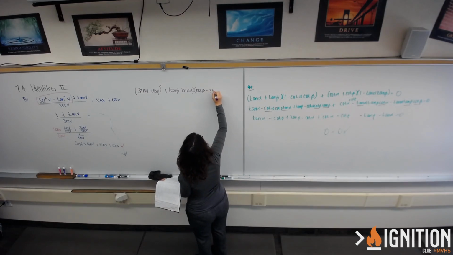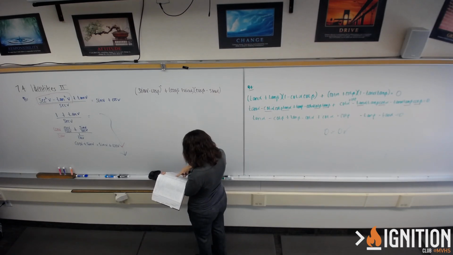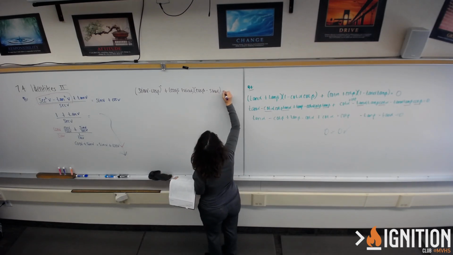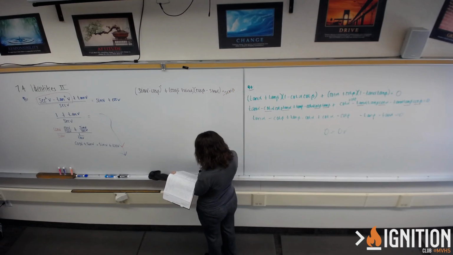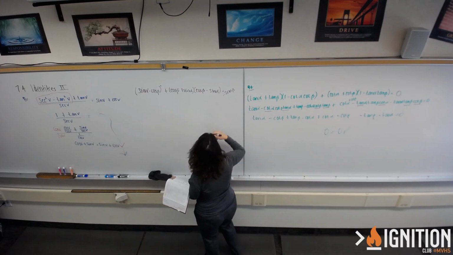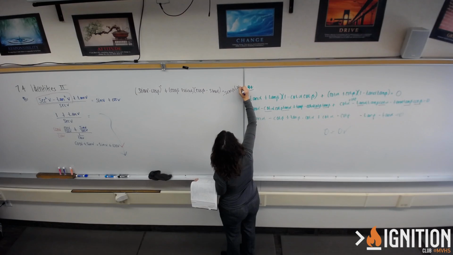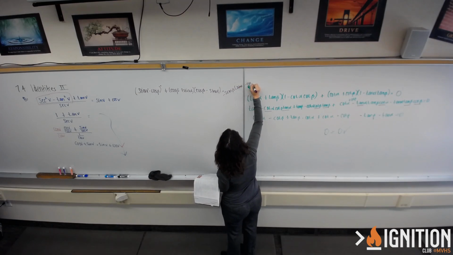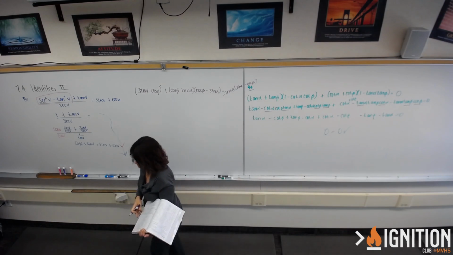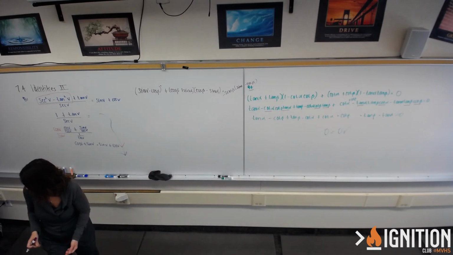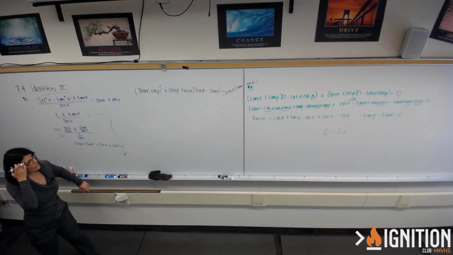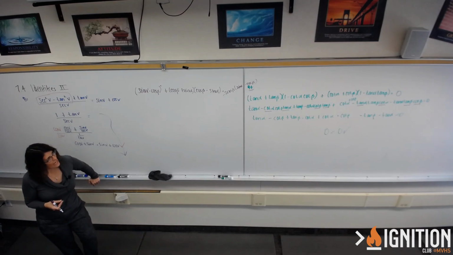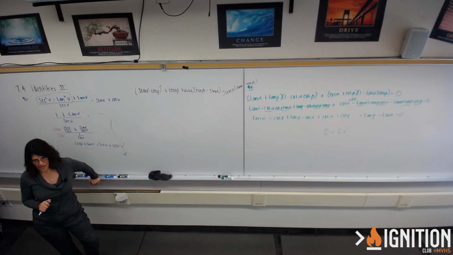Negative 2 cosine of beta times the quantity sine alpha minus cosine beta. The right-hand side says negative 2 cosine of beta times the quantity sine alpha minus cosine beta. It's hard to read. I wrote sideways.